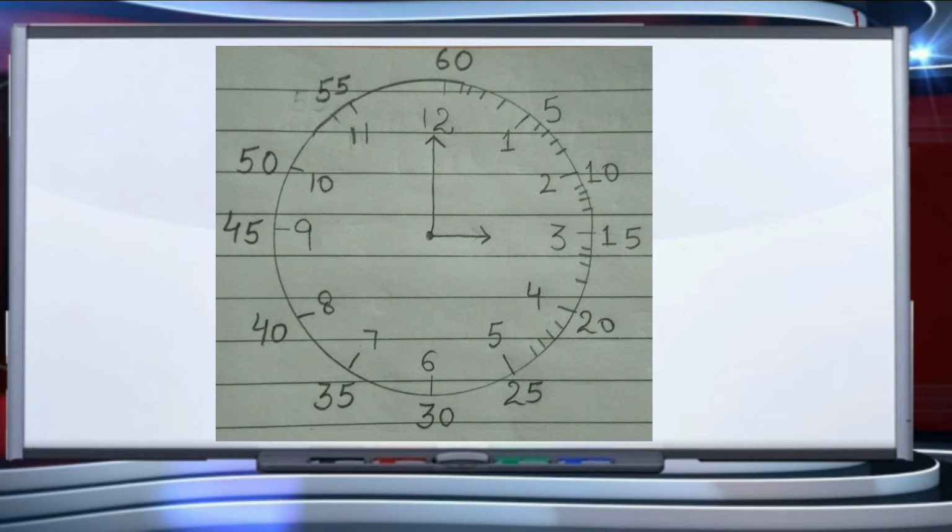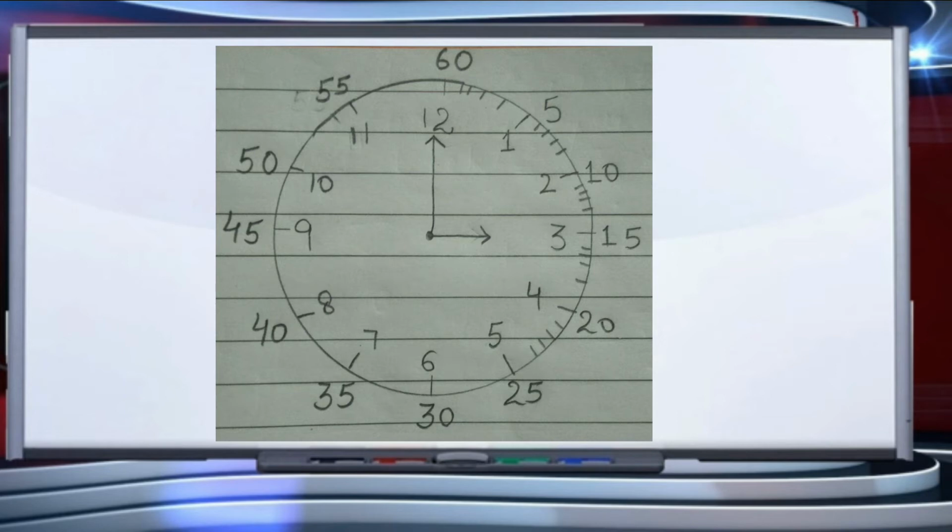That means the 1/4 of the clock is on 15. From 12 to 3, this is the quarter. From 3 to 6, this is also a quarter. From 6 to 9, this is also a quarter. And from 9 to 12, this is also a quarter. That means there are 4 quarters in a clock.